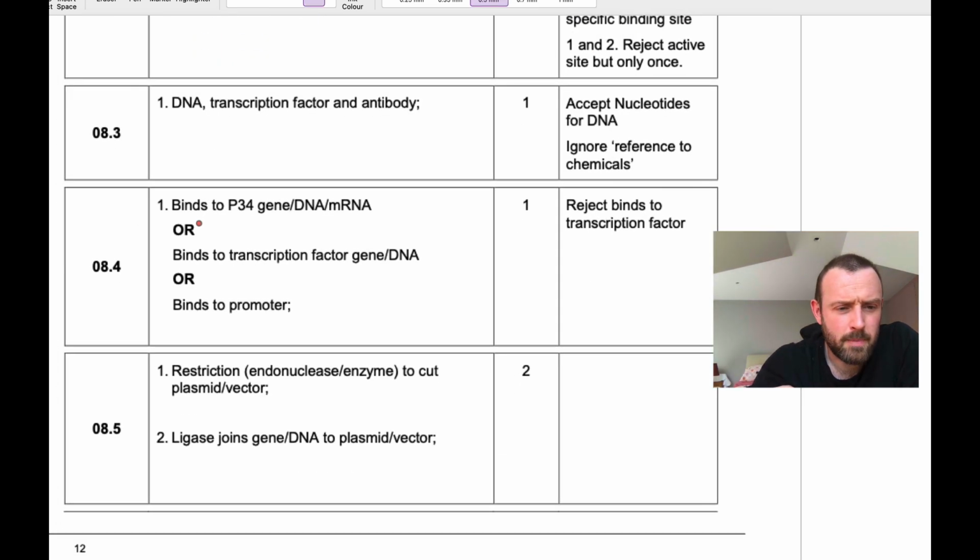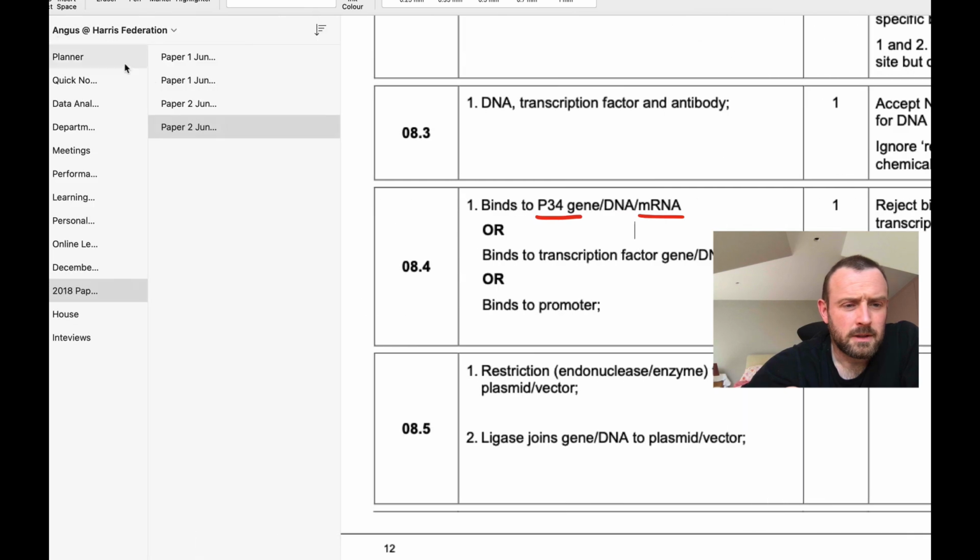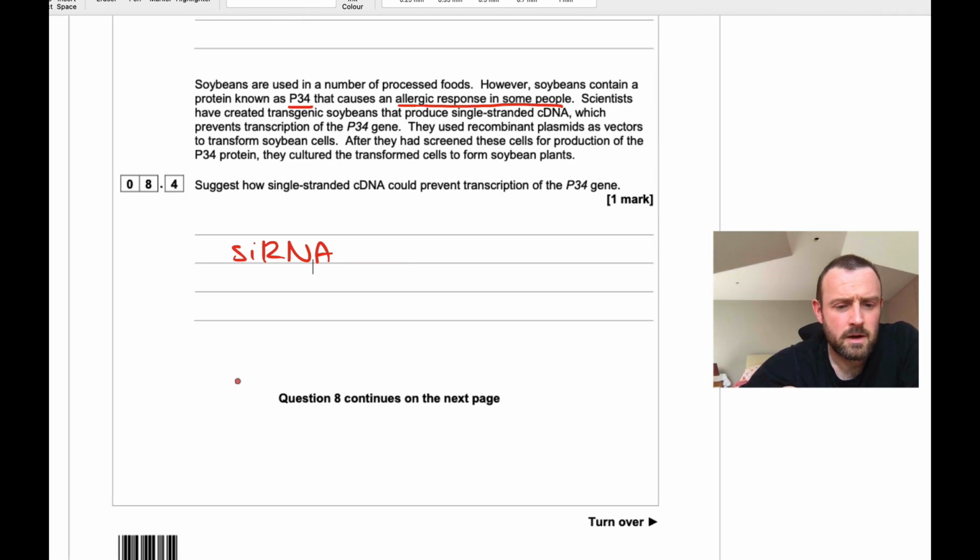So therefore, yeah, it binds to the P34 messenger RNA. Yeah, well, you only needed to say one little bit, but that's how it would work. Okay, moving on.